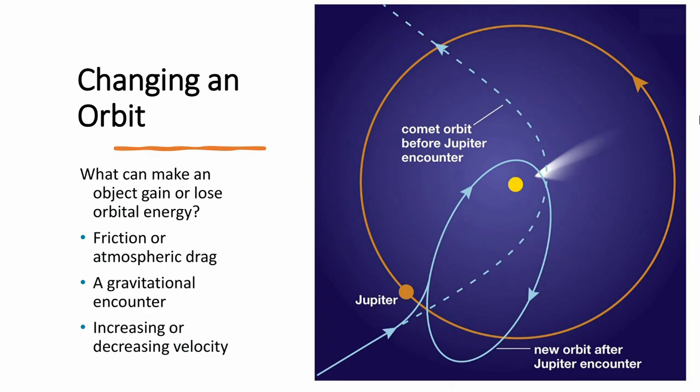Or, more importantly, for things that humans like to launch into space, like rocket ships, we can just use our thrusters to increase or decrease our velocity, and that can change our orbit. So this is one of the ways you can transfer from, say, orbiting the Earth to orbiting around the Moon, or orbiting around a different planet.